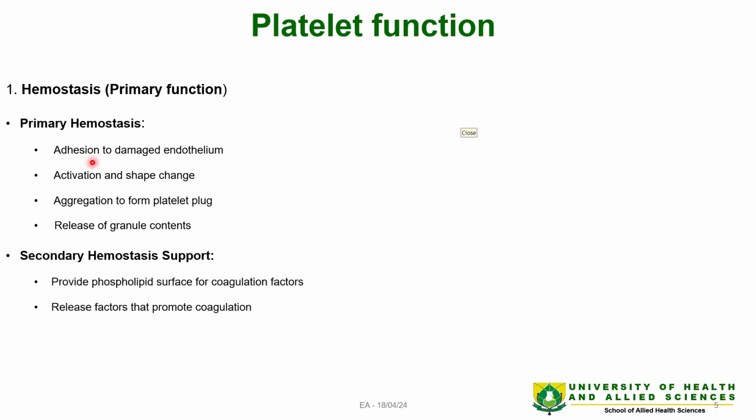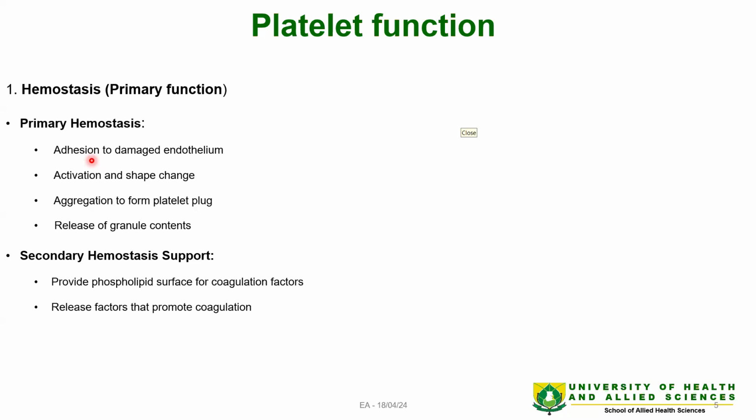They adhere to the endothelium, and following adhesion they are activated and change their shape, and then they aggregate. They also release various factors that cause more platelets to be brought to the site. All these platelets come together to form a temporary plug that blocks the blood vessel and prevents the loss of more blood.